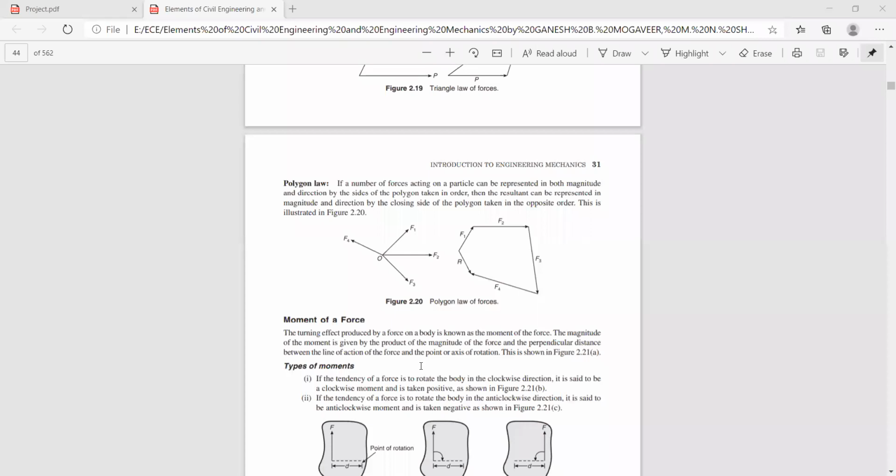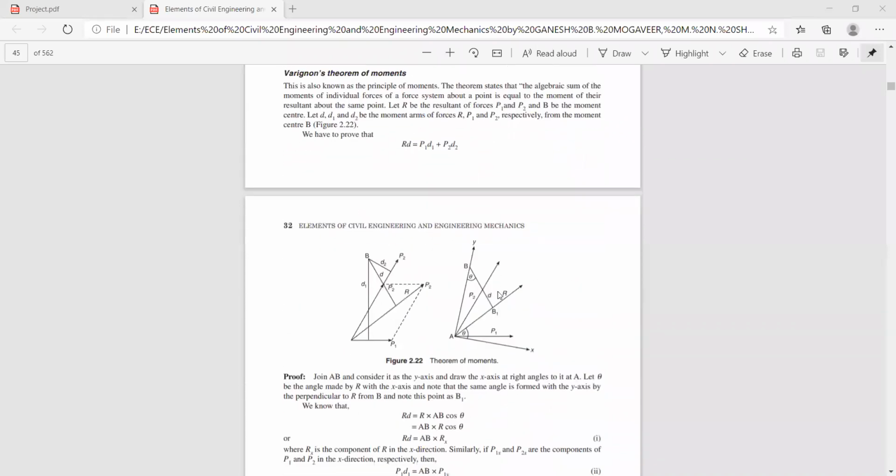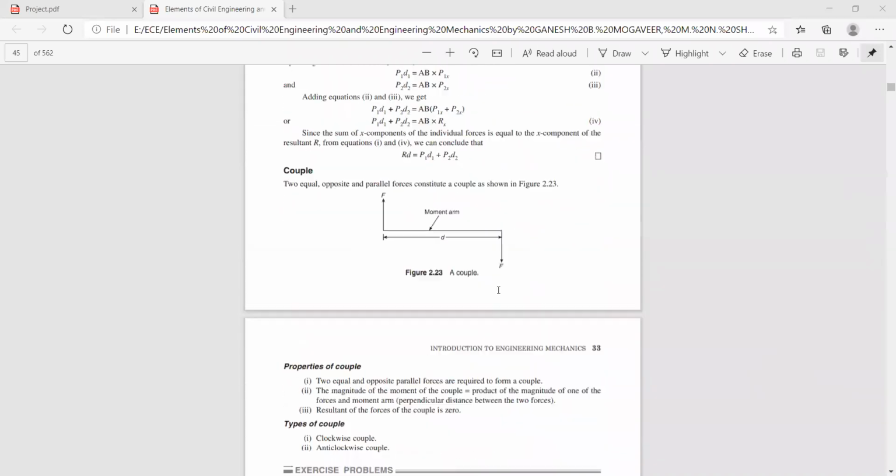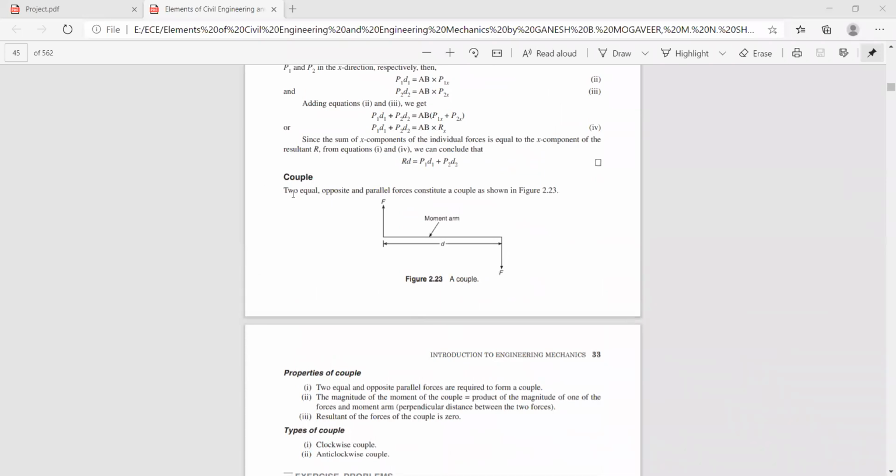A couple is produced when two equal, opposite, parallel, non-collinear forces act together. So let us discuss what is a couple of a force. Two equal, opposite, and parallel forces constitute a couple, as shown in the figure.